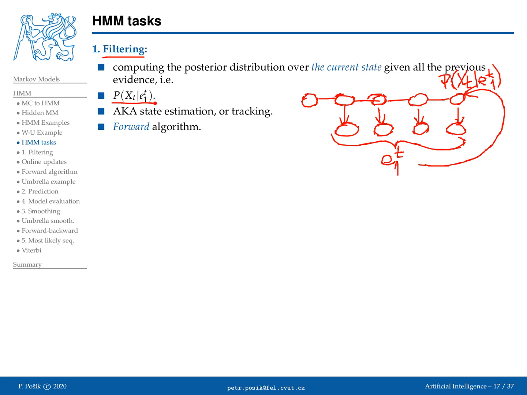So you are after this quantity. You will learn that we solve this task by something called the forward algorithm. It's not that hard. So this is the definition of the task: given the whole observation sequence, we want to estimate the last hidden state. That's filtering.